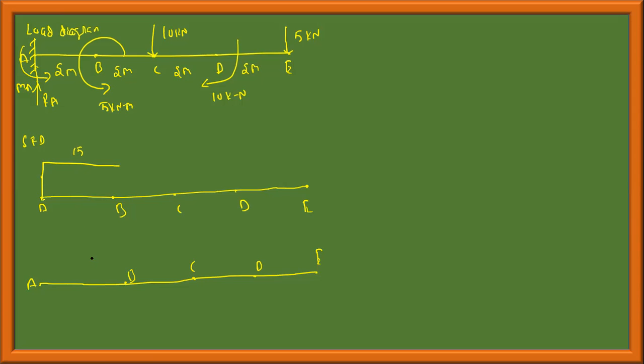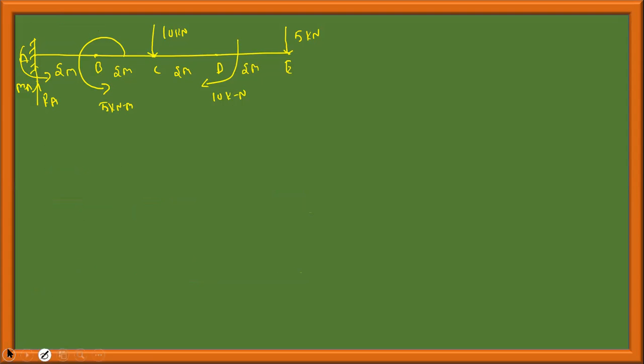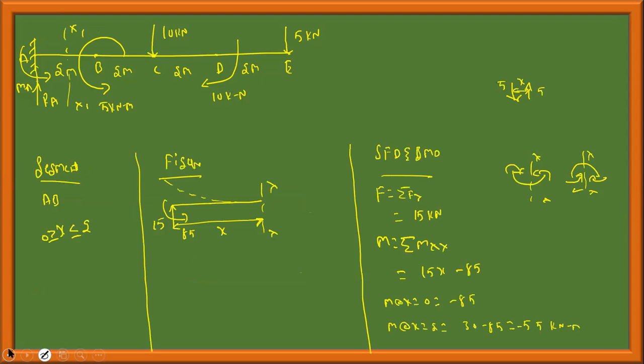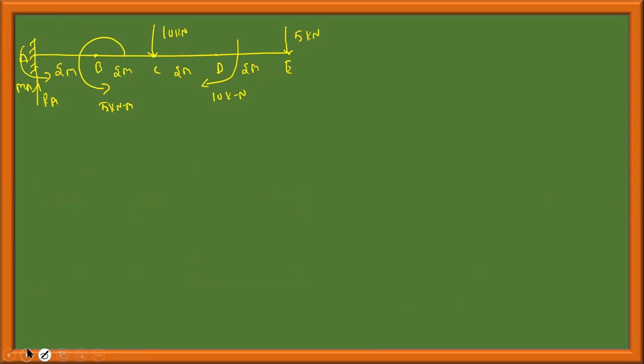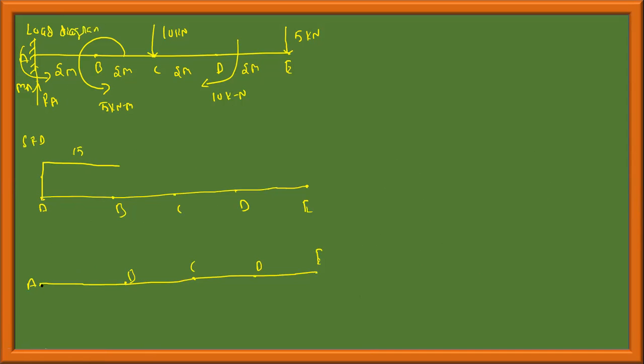And then in this region, moment is how much? Minus 85 and minus 55. Minus 85, I'll write like this. This is constant, and this will be linear, 55 will be like this.